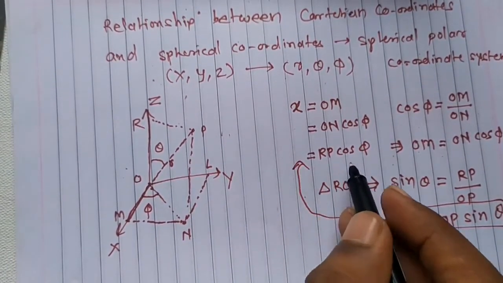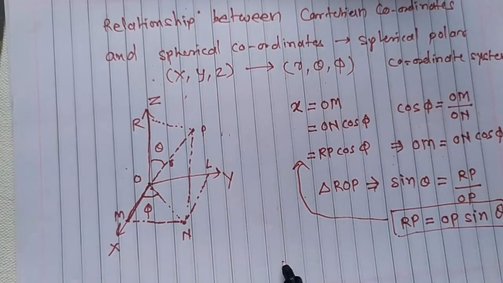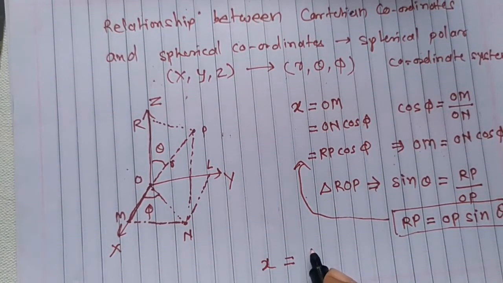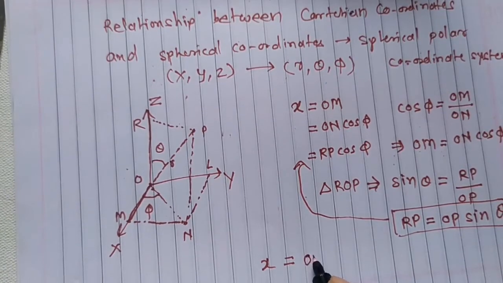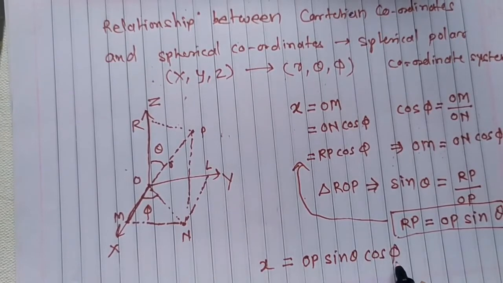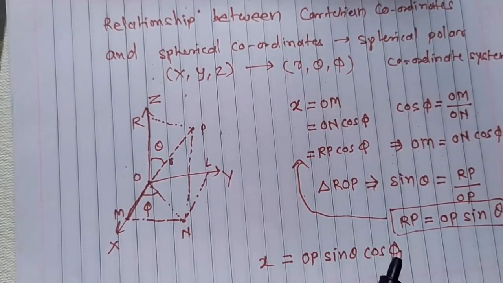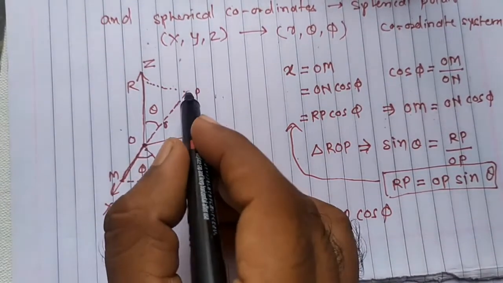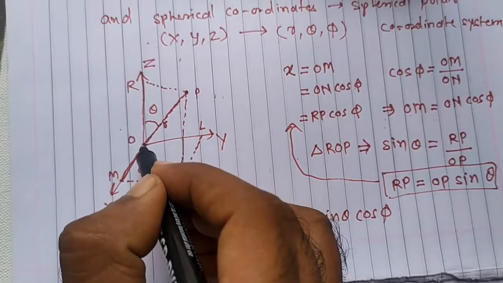I wanted the value of RP, so it will become x is equal to OP sine of theta cos of phi, and OP is r.